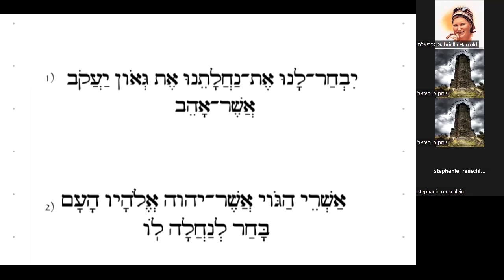Okay, so we have a yud, right? We know it's going to make a Y sound, and it's pointed chirik, so that makes like a double E. And then we have the letter vet. We know it's vet because there is no dot inside. The dot would make this letter sound like a B. So it's going to sound like a V in this case.